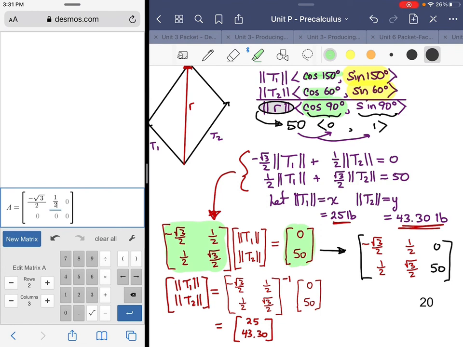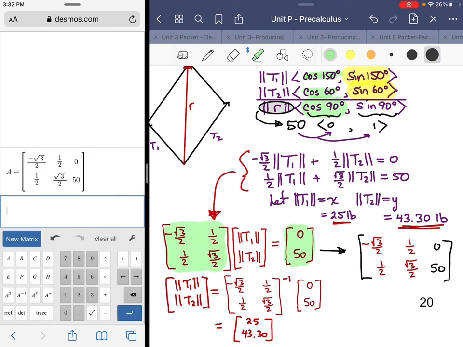So matrix, new matrix, 2 by 3 now. So again, the long journey of typing it all in. Negative radical 3 over 2, 1/2, 0, well 0 is already there, I could have left it, 1/2, radical 3 over 2, oh, let me put the fraction in first, and then 50.